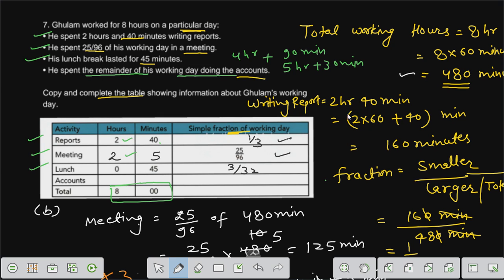So the remaining time is for accounts. So if we remove, total 8 minus 5 hours and 30 minutes, from 8 minus 5:30, how much time will we get?